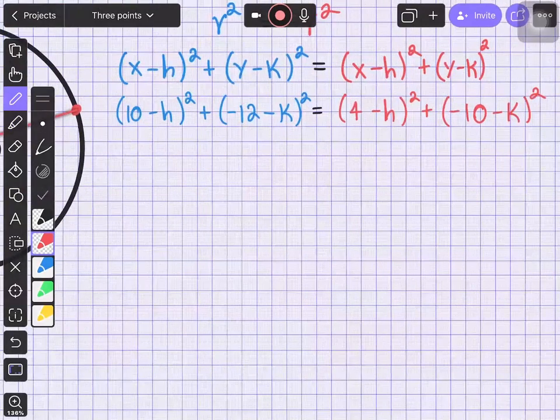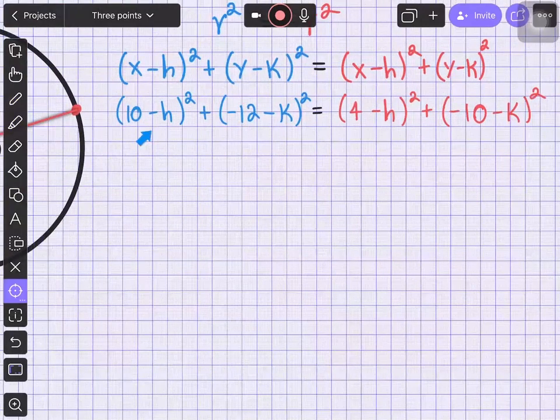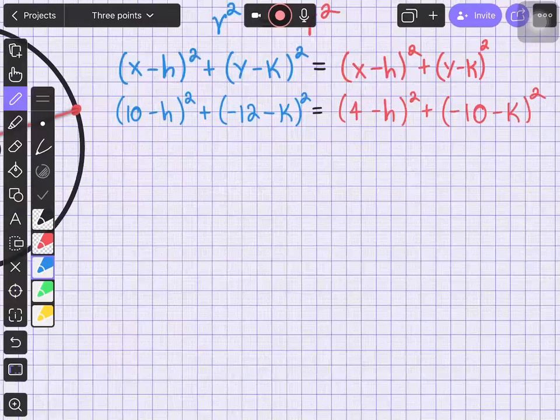So now if you see, we have 4 binomials, 1, 2, 3, and 4. And we're going to develop them. So let's begin. We have 100 minus 20h plus h squared plus 12 squared, 144, 12 times 2, 24k plus k squared.